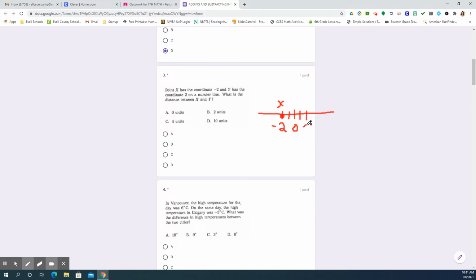And I can put my +2 there, and I can draw my Y. Okay, so now I just need to count the spaces, the hops in between, to get from -2 to +2. So I say 1, 2, 3, 4. So it looks like there are 4 units between +2 and -2.